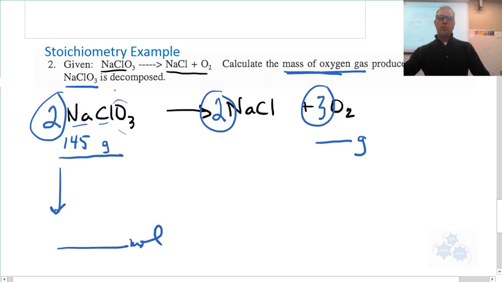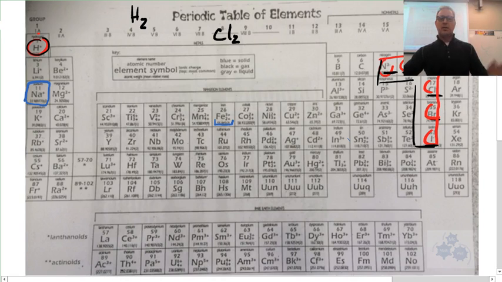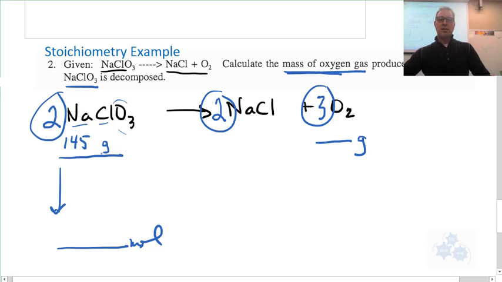So we add up all of the molar masses from our periodic table, and as some of you may have done this already, I'll ask you for the number in a second. We need sodium, 22.98977, plus chlorine, which is 35.4527, plus 3 oxygens. We need to add all those together to get the molar mass of this.